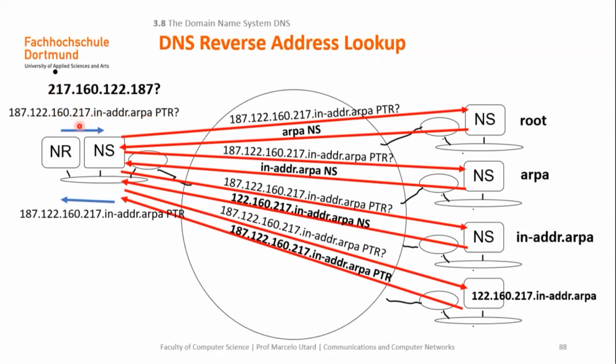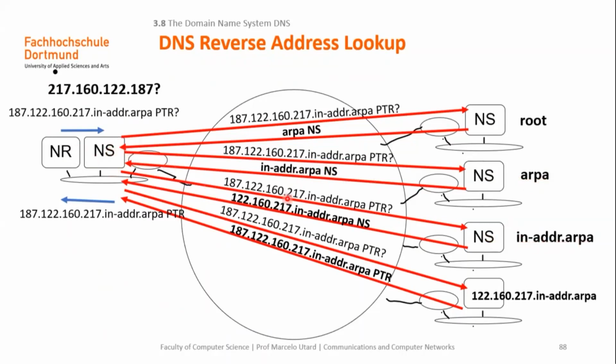And we ask for that FQDN. We ask the local name server, then the local name server will ask the root server. The root server responds with the name server and IP address of the authoritative name servers of the ARPA top-level domain. Then the name server will ask the ARPA top-level domain and obtain the name server and the IP address of the name server of the zone in-addr.arpa.